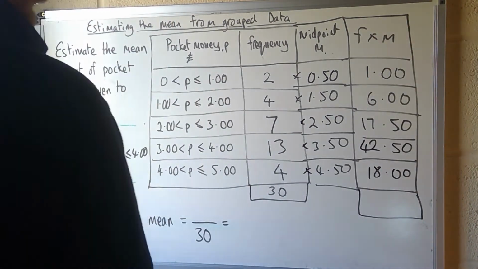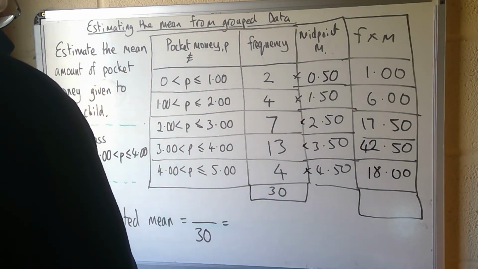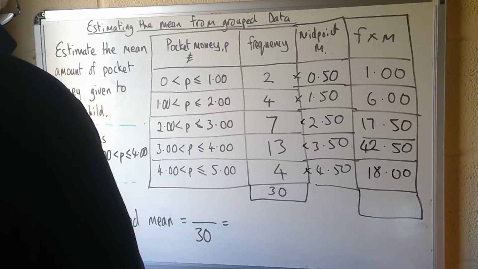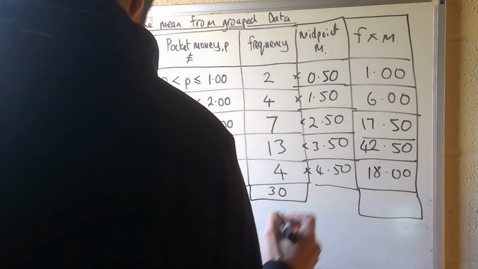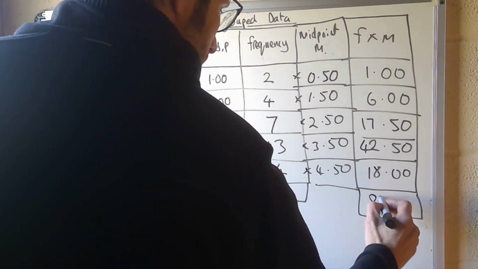So I'm going to just add all these up now. You may use your calculator for some of these questions, depending on how tricky the numbers are. And so that comes to a total of £85.